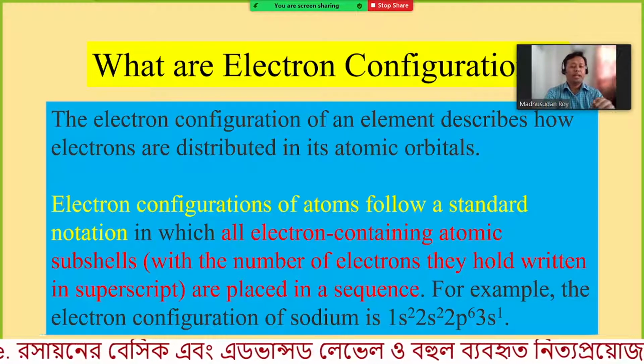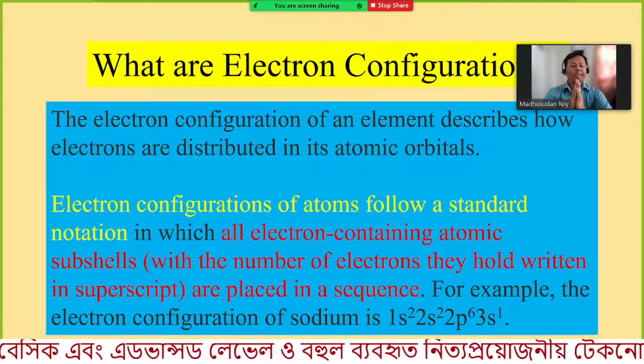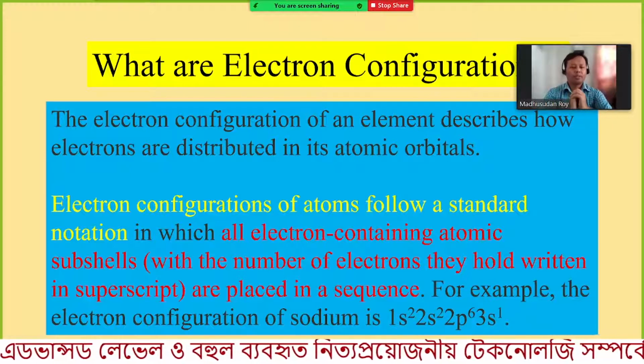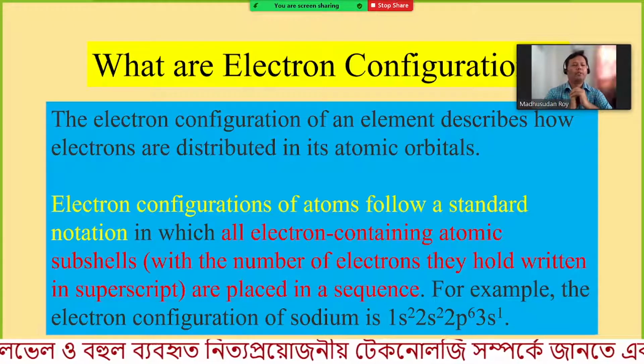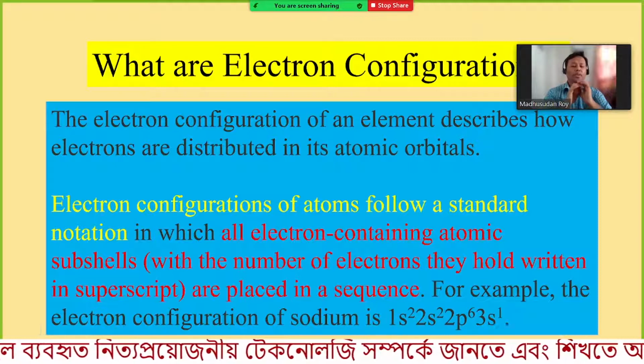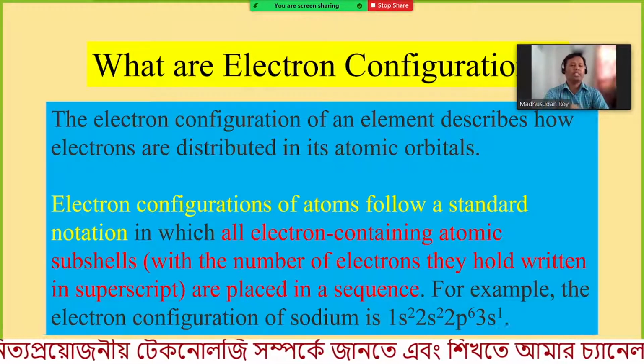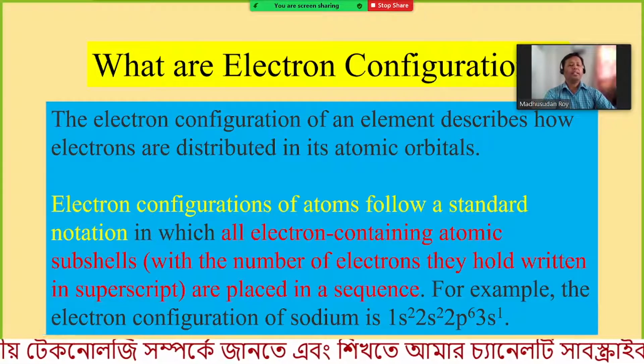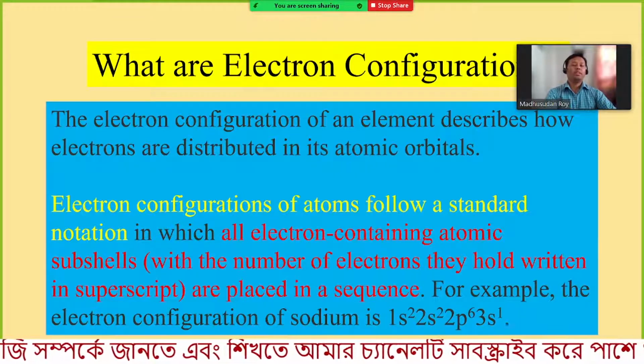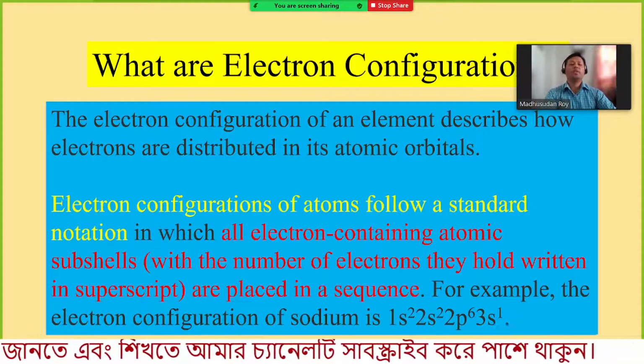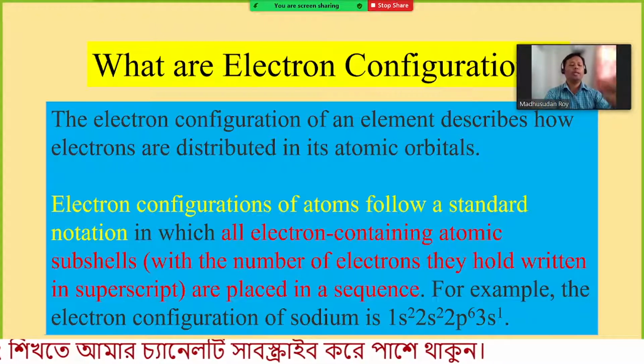And the principal quantum number, or the number of the shell, K shell, M shell, we need to write down as a coefficient. The number of electrons in a subshell you need to write down as the superscript.